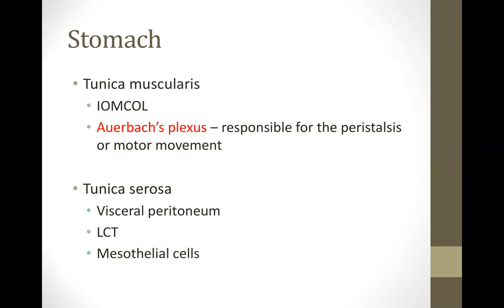Doc, meron naman din sa stomach. Actually, the whole stretch of GI tract, merong mga plexuses. And the tunica muscularis, nerve plexus, is the Auerbach's plexus. As I mentioned, it is for peristalsis or motor movement. And you have the tunica serosa. Ito yon. Kapag serosa, wala naka-adhere sa kanya.